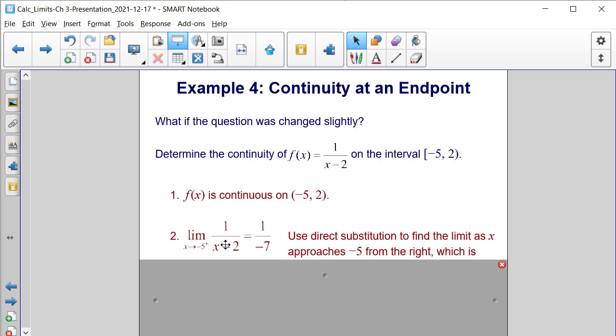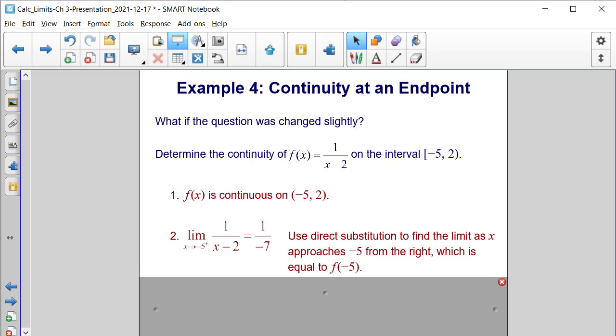Well, we can use direct substitution in here, and when we do that, we will get -1/7. And it does equal the function value f of -5.